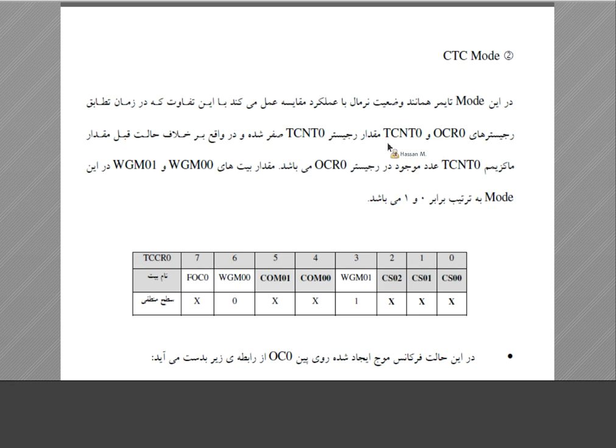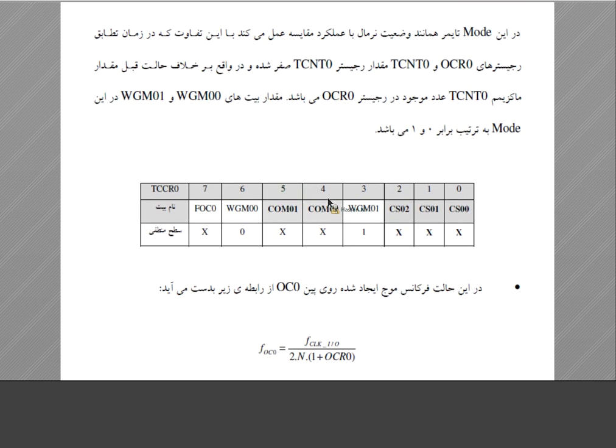Another one, we have OCR, T count, and the timer counter control register for timer 0. Here, in this register, these two bits, bit 3 and bit 6, must be configured as 0, 1. For normal mode, we had 0, 0. Here we have 0, 1.